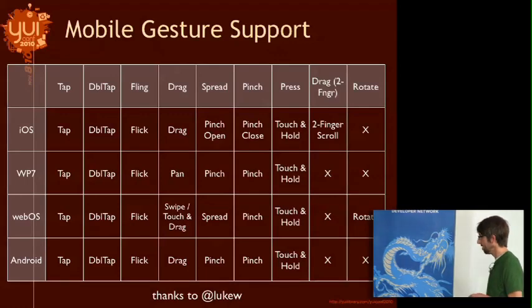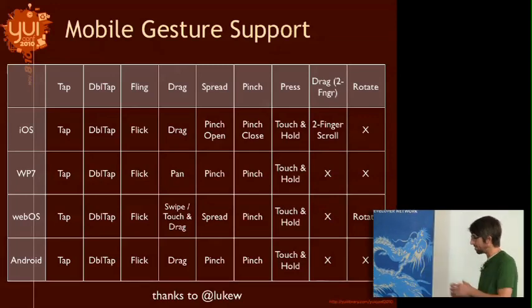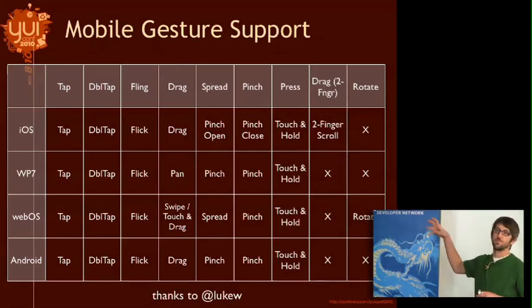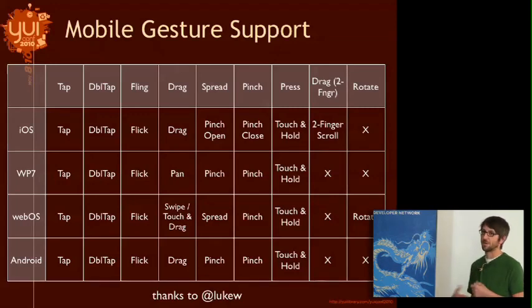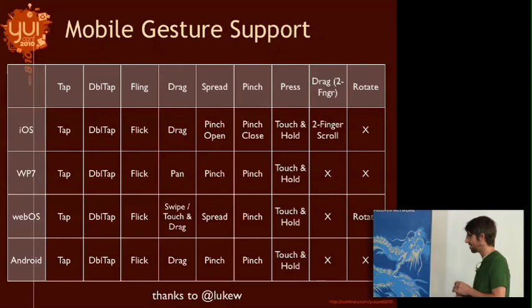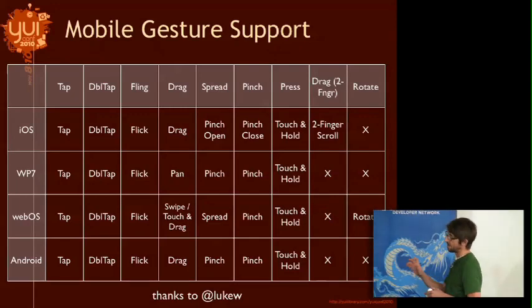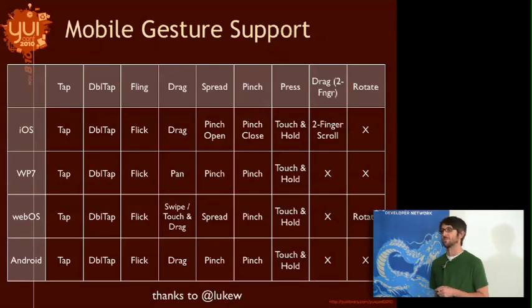Tap, double tap, fling or flick, drag, and the other ones you see up there. But even though people are supporting the same core events or core concepts, there's already some divergence. They're not named the same. They don't always work the same. Sometimes there's more modifiers. In the case of WebOS, you can drag in a couple different ways. You can pick something and then move it, or you can just swipe things around.